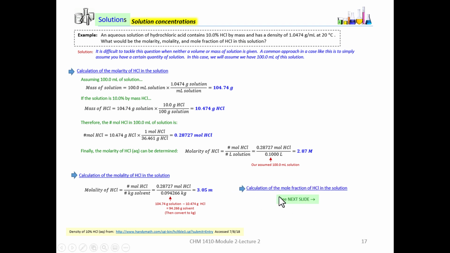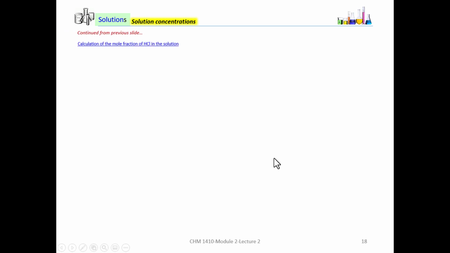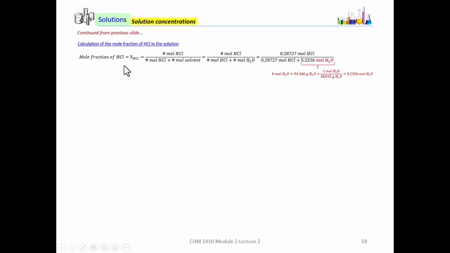Let's look at how we might calculate the mole fraction of HCl in this solution. That was the last thing we were supposed to do. Well, the mole fraction of HCl would simply be the number of moles of HCl divided by the number of moles of everything in solution. That would be the number of moles of HCl and the number of moles of water.